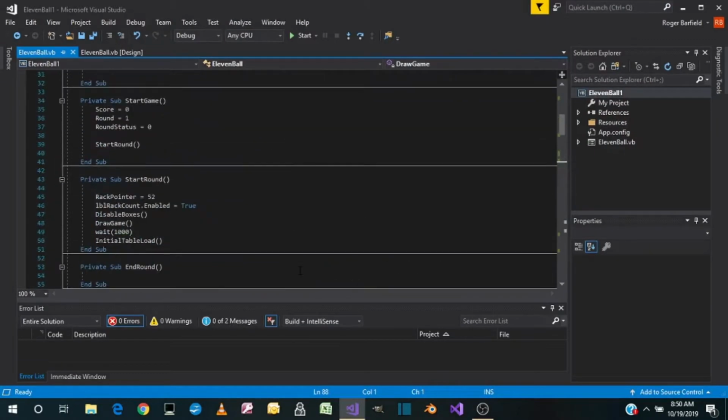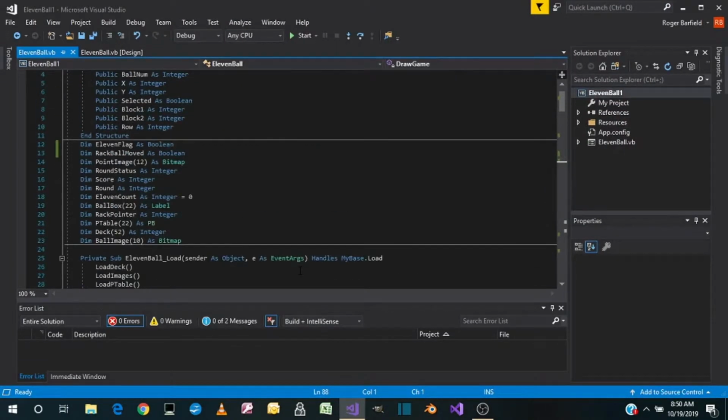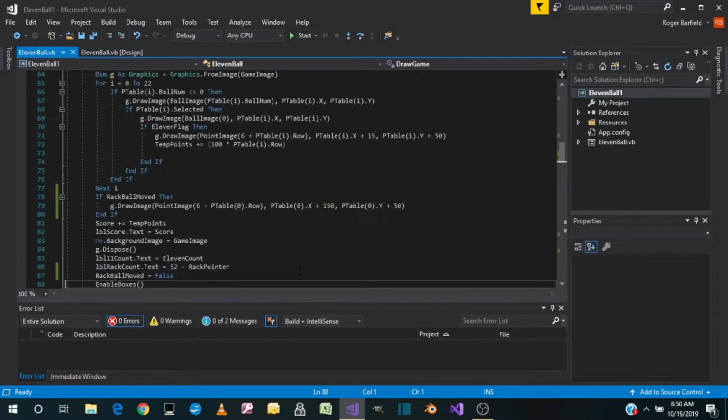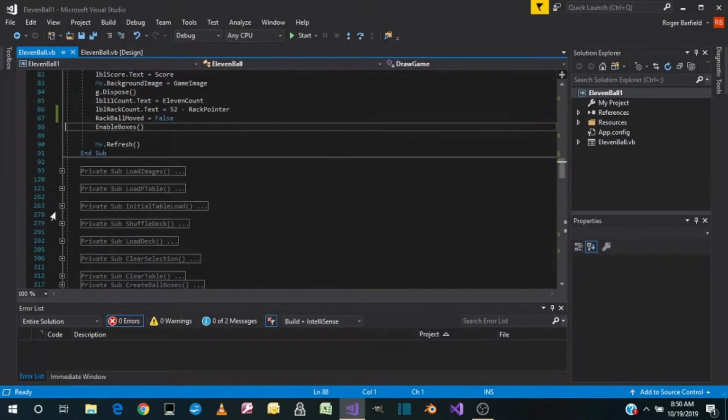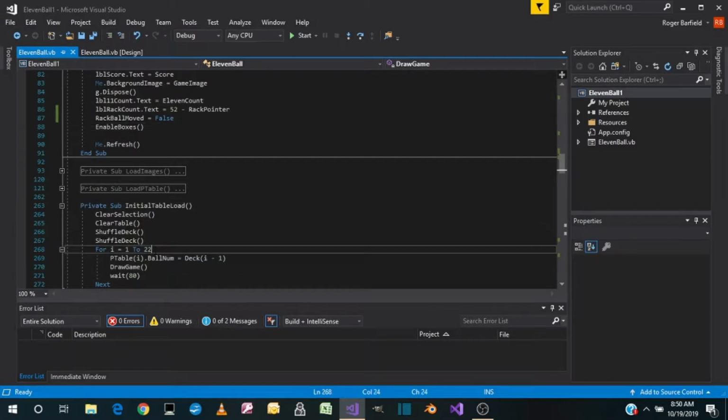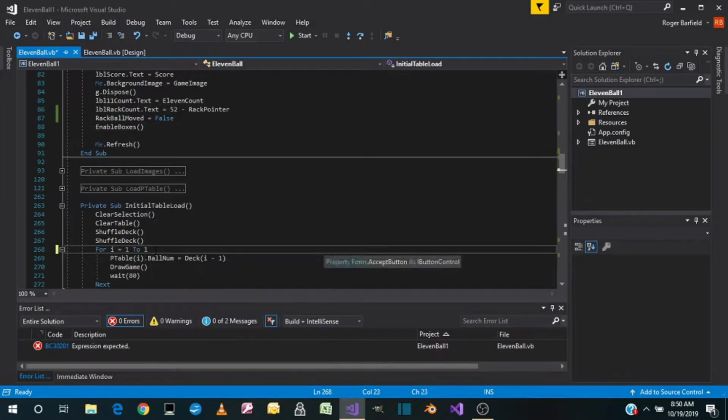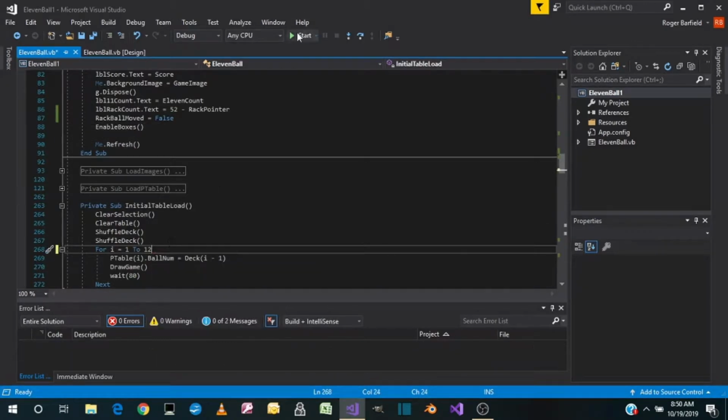Let's go ahead and set our initial table load. Like we did before, let's just set it to 12 so we have a lot more room.